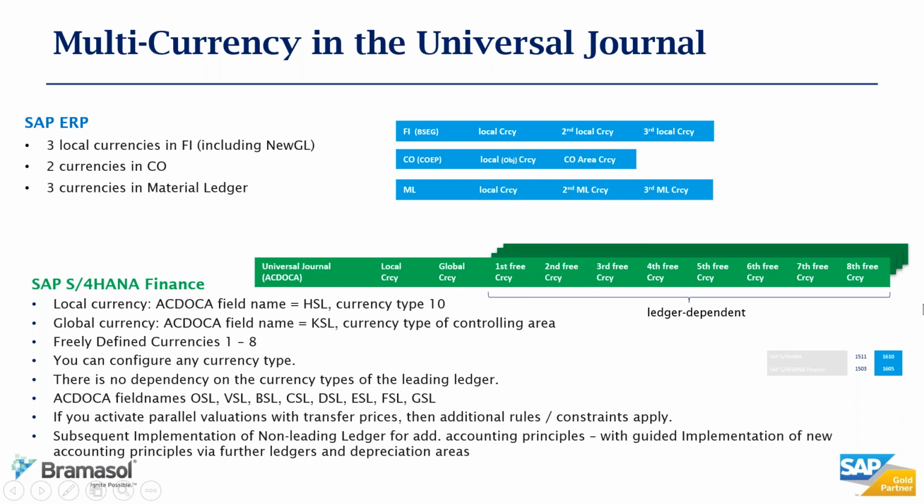So if you're doing any transfer pricing or any valuations with anything else that's out there, that can all be done within the Universal Journal. It can handle all of this. You can configure really any currency type to be brought in and view these within the Universal Journal. So it gives a little bit more flexibility than what was in our traditional ECC.